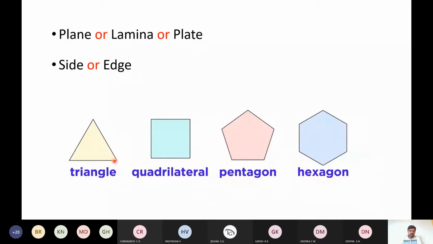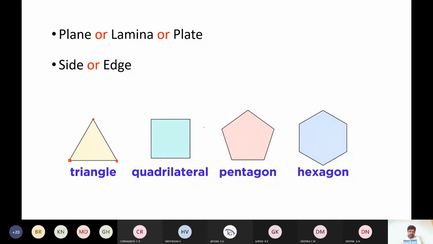In projection of planes, we will consider corners as points and later we will connect them. Okay, so in case of triangle, we are going to consider 3 points for projection. That means 3 corners, 1, 2, 3. Okay. So we are going to consider 3 points. This is 1, this is second, and this is third.